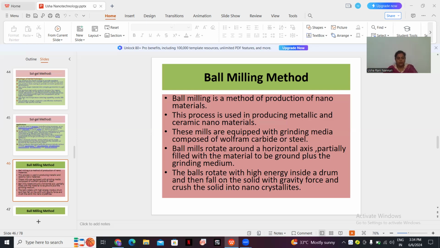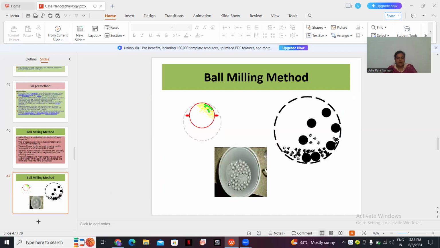Here, coarse ground materials are crushed mechanically in rotating drums by hard steel and tungsten carbide balls. Powdered samples are reduced to the nanometer range by mechanical deformation produced by the ball milling process.